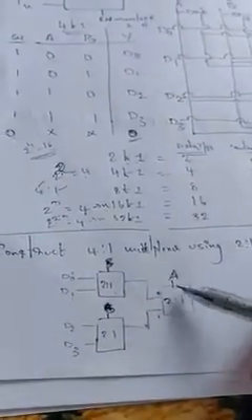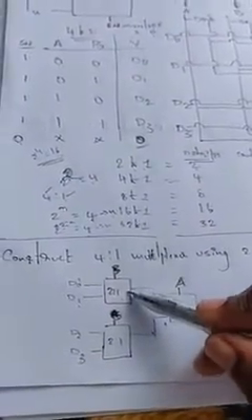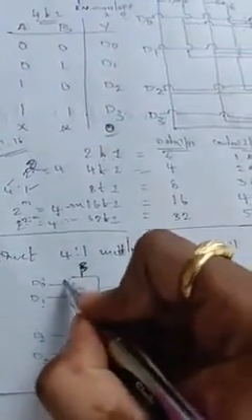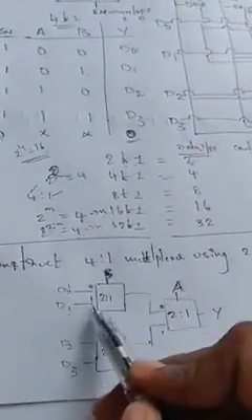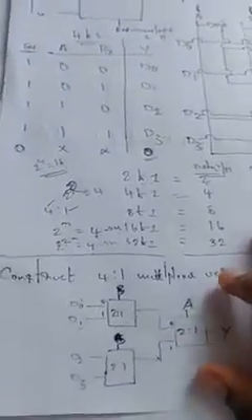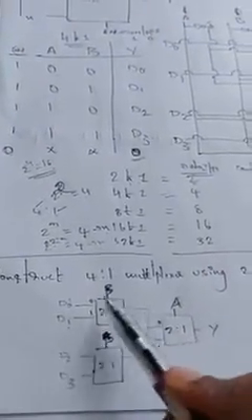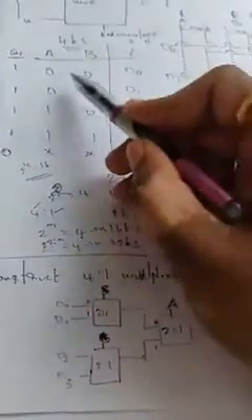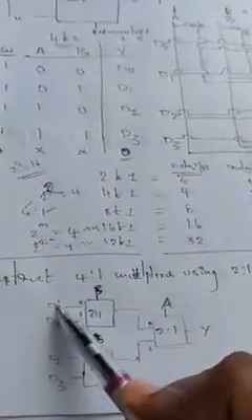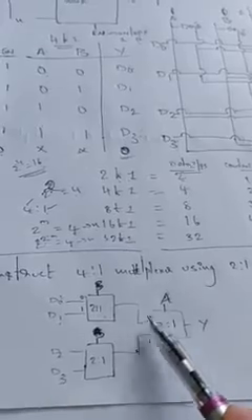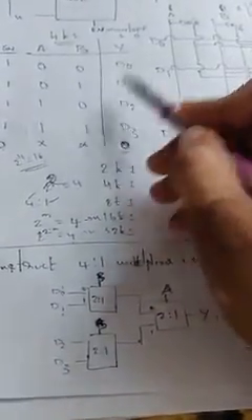So whenever A is 0, it comes up here. This is 0, this is 1, D0 and D1, right? A is 0, B is 0 is D0. A is 0, B is 1 is D1.